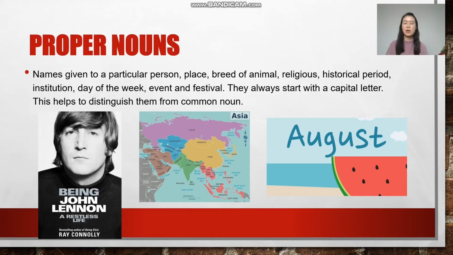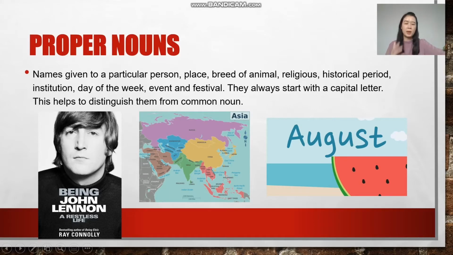Proper nouns are names given to a particular person, place, breed of animal, religion, historical period, institution, day of the week, event, and festival. So don't forget that we have the word particular.